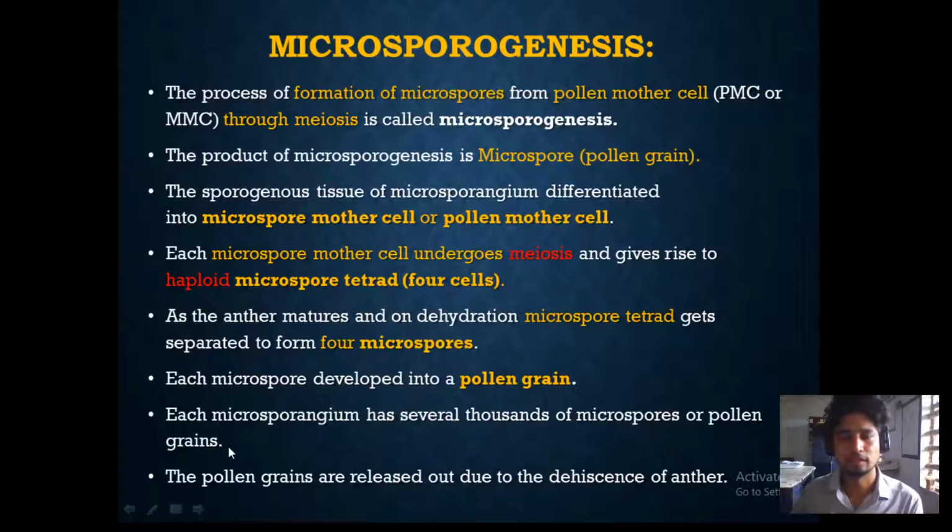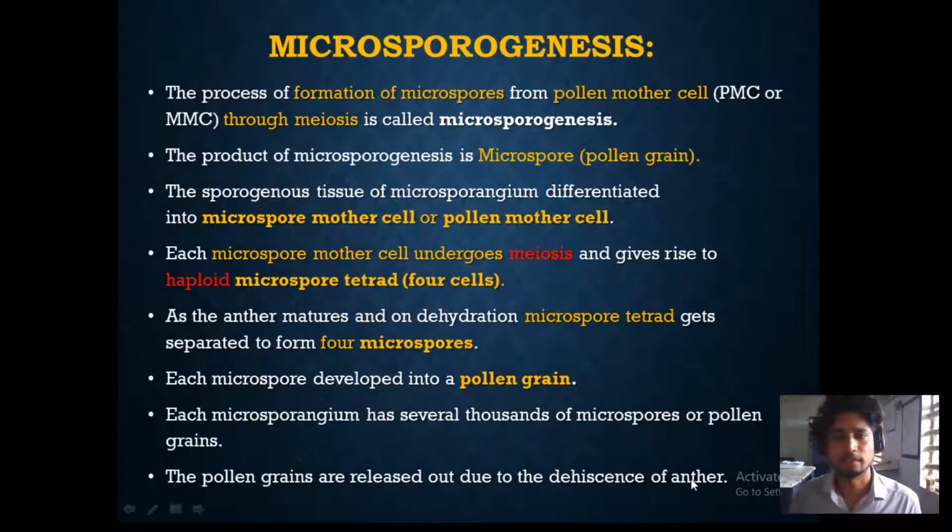We know these plants produce a huge number of pollen grains in order to ensure that pollination occurs, because there is only one egg, but they need to produce a larger amount of pollen grains to ensure pollination. The pollen grains are released due to dehiscence of the anther. We have said that dehiscence means rupturing or breaking open.